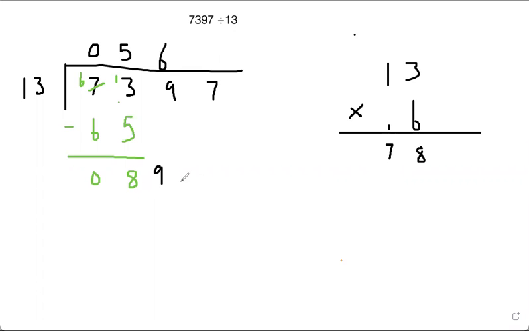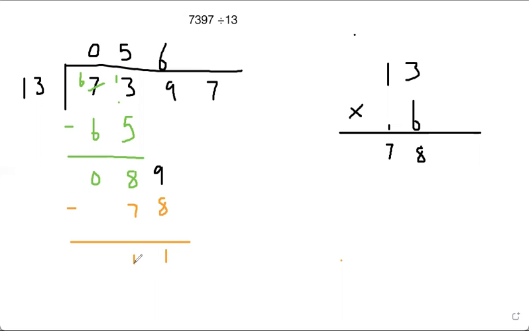We're at 78. We need to get to 89, so we need to work out our remainder one more time. 13 times 6 we found out was 78. We need to get to 89. To find out your remainder, just minus again. 9 minus 8 you can do, which is 1. 8 minus 7 again is 1.